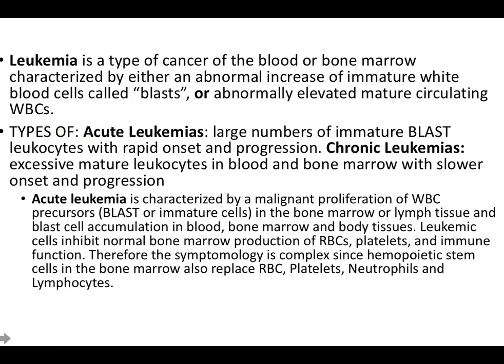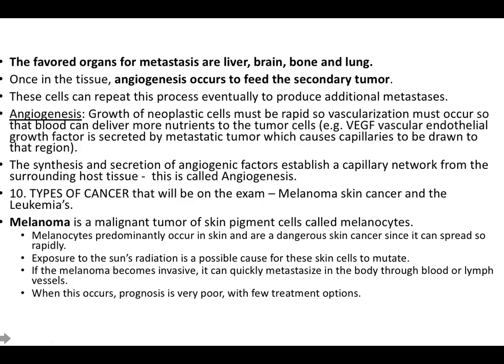Okay, so that brings us to the different types of cancer. I did not go over this in class. It's a 2-point question on the exam, and it has to do with a skin cancer called melanoma. The other skin cancers are not considered dangerous because they either don't metastasize or do so very slowly.